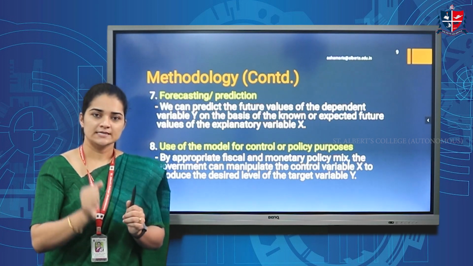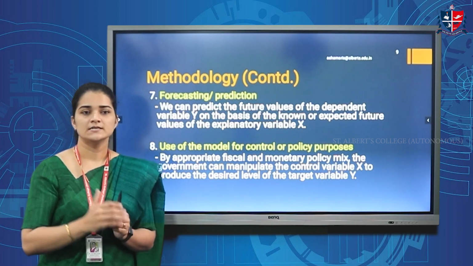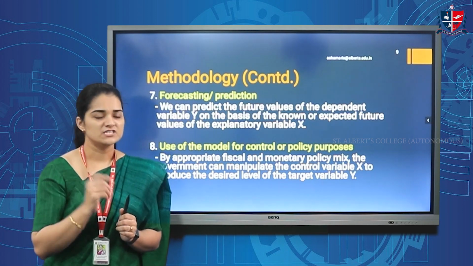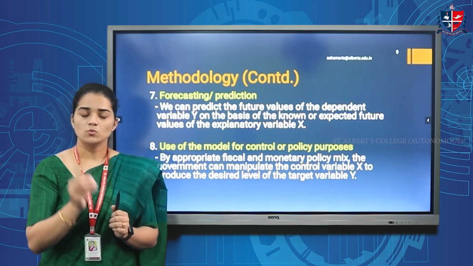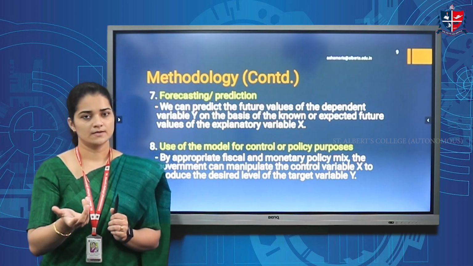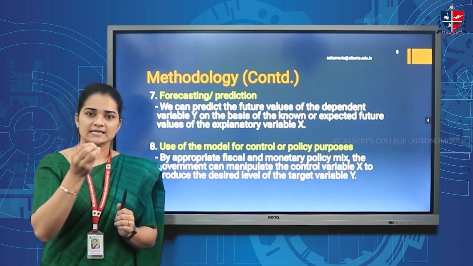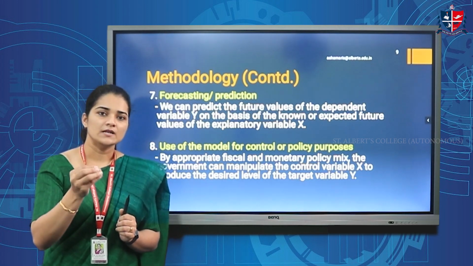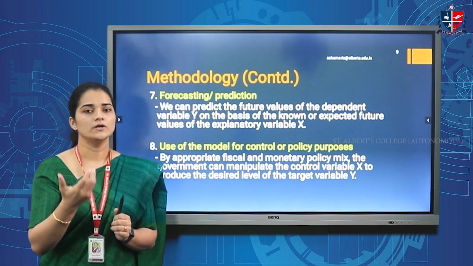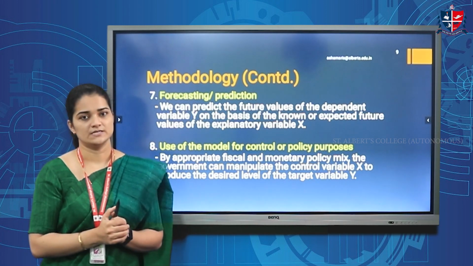So in our case, the target variable is consumption expenditure and the control variable is income, the level of disposable income in the economy. What the government can do is, through an appropriate monetary and fiscal policy mix, manipulate the level of income in the economy in order to attain a desired level of consumption expenditure.